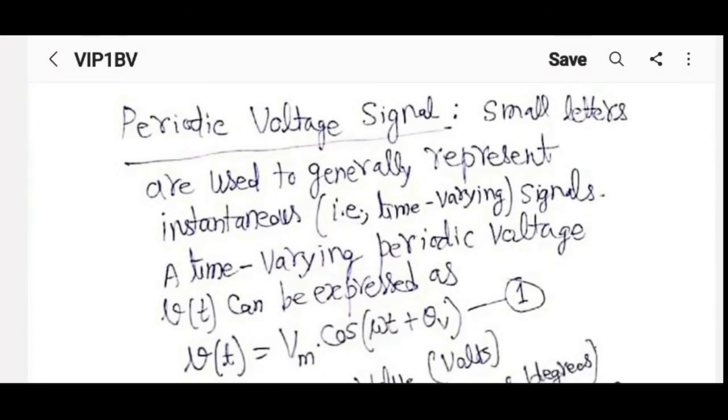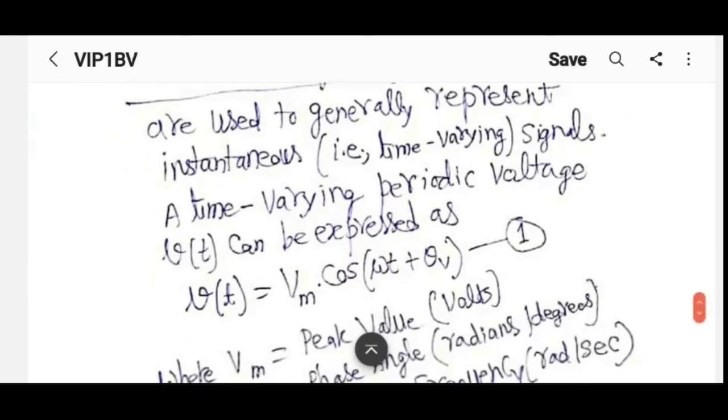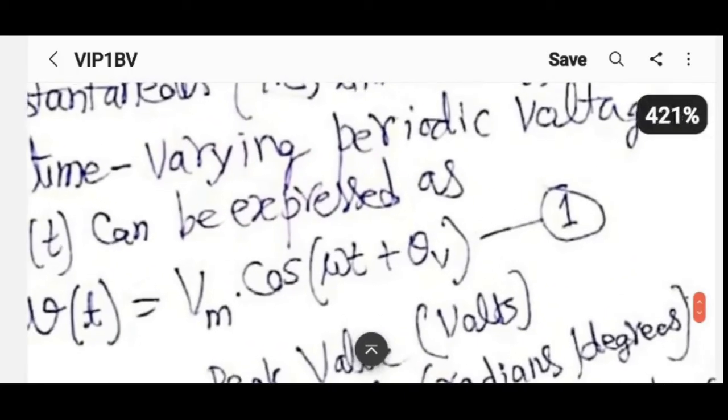Now, let's concentrate first on voltage, periodic voltage. We will be using small letters to describe periodic quantities. So I am writing small v as a function of small t. This is a generic mathematical representation of a periodic voltage signal.